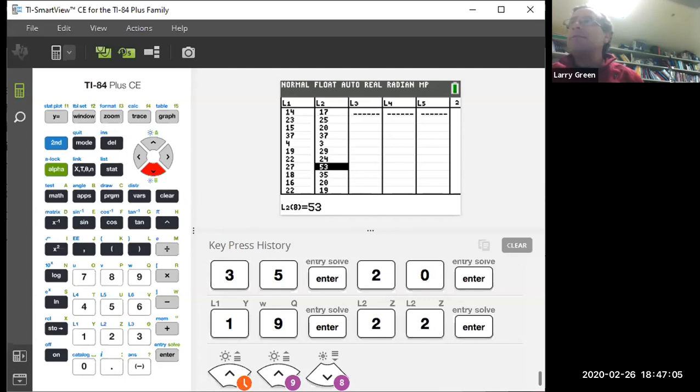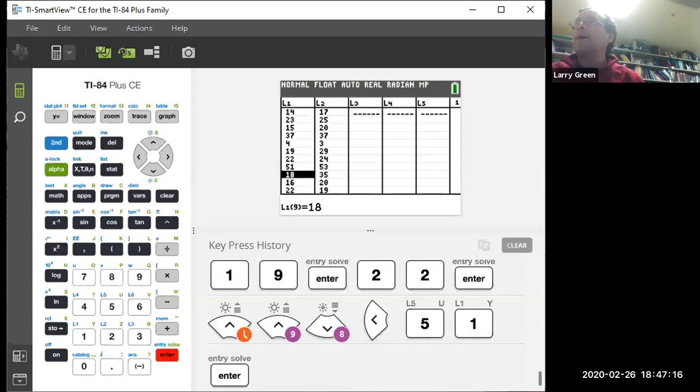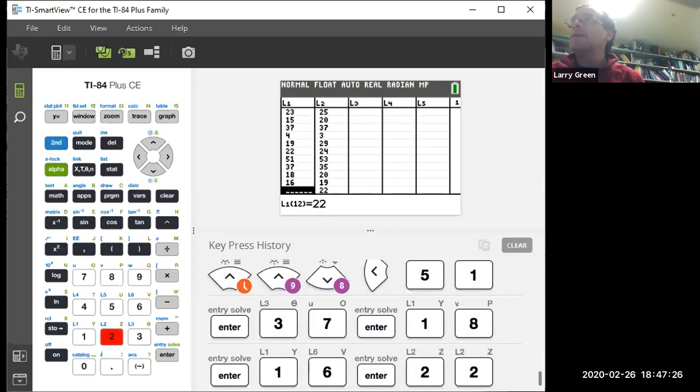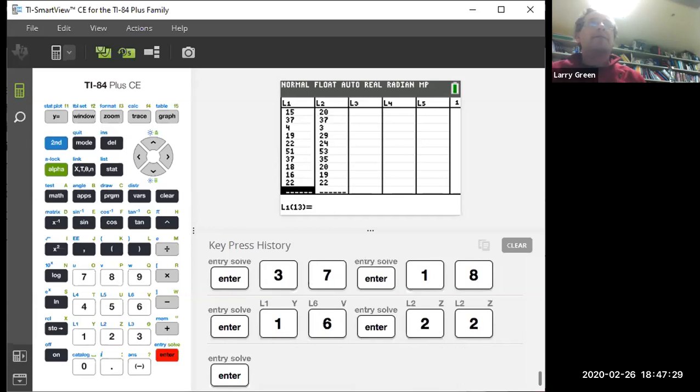That was supposed to be 22, 24. That was supposed to be 51. Sorry about that. And then below 51 is 37, then 18, 16, and 22. Good, good. Any questions on entering the data?